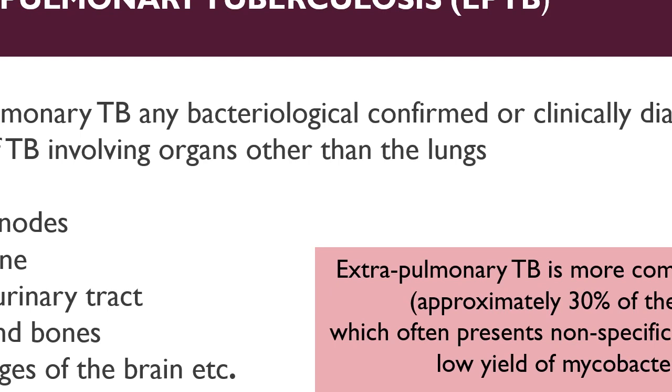Extrapulmonary tuberculosis is any bacterially confirmed or clinically diagnosed case involving TB in any organs other than lungs. This may include pleura, lymph nodes, intestines, genitourinary tract, bone and joint, meninges and brain, etc. TB can involve any part of the body.